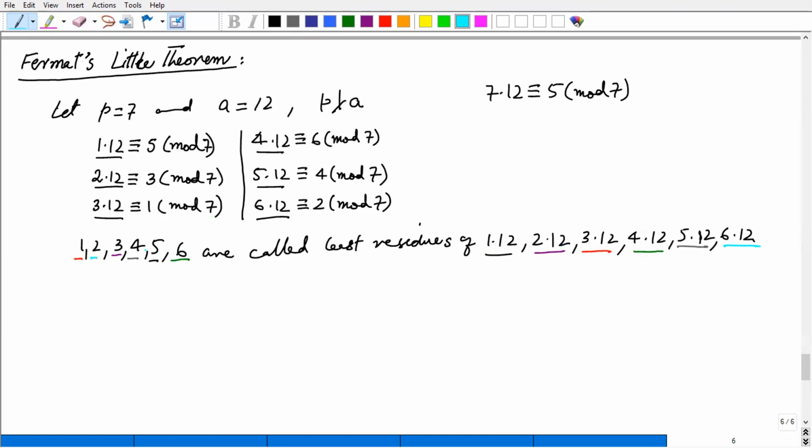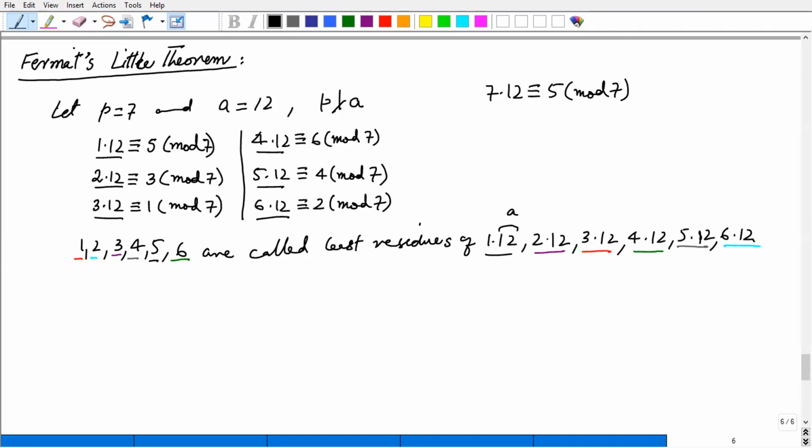These residues are in a different order, but they are called least residues of these numbers. If we consider 12 as a, then for 1 times a, 2 times a, 3 times a, and the prime 7, there are 6 least residues.